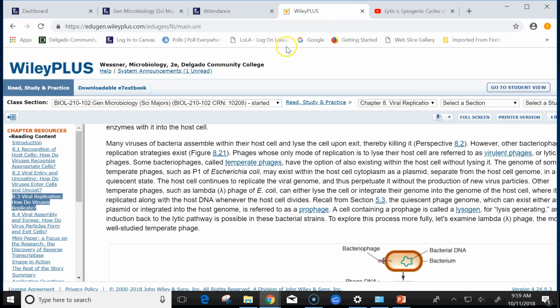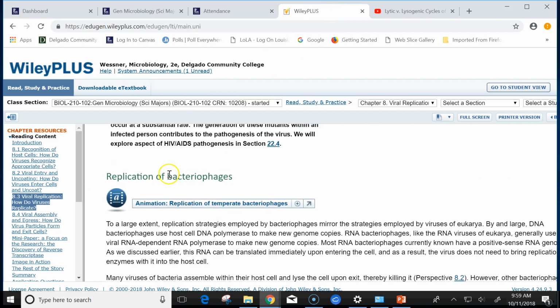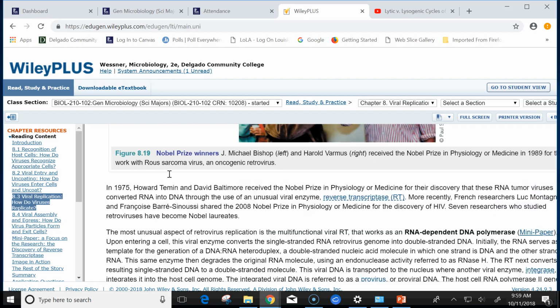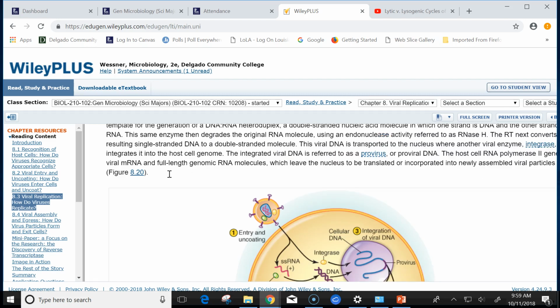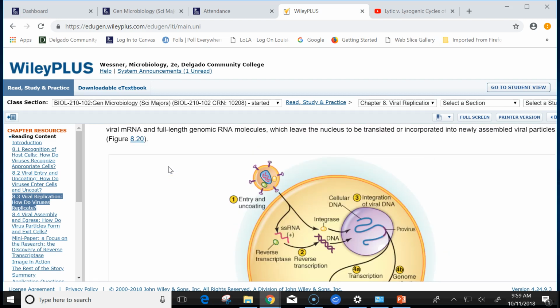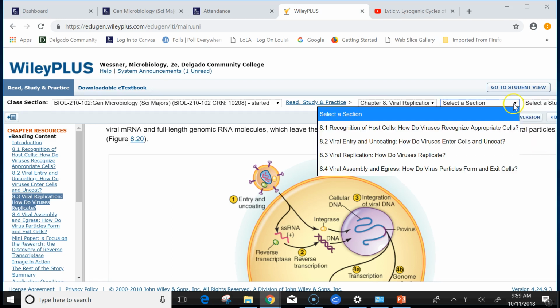Unfortunately, I can't have more than one section of the book open at a time. I'm trying to remember, because I want to come back to this one, because again, we love to talk about HIV. I need to make a note of this so I can find it later. So I might want to come back to section 8.3 later. But I want to go to chapter 5, section 1 right now.